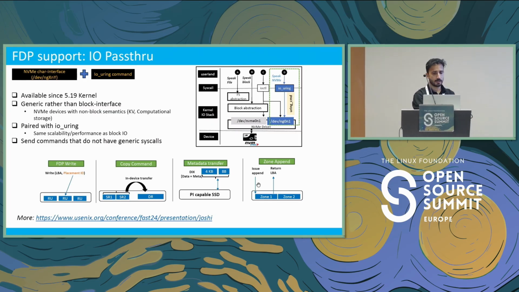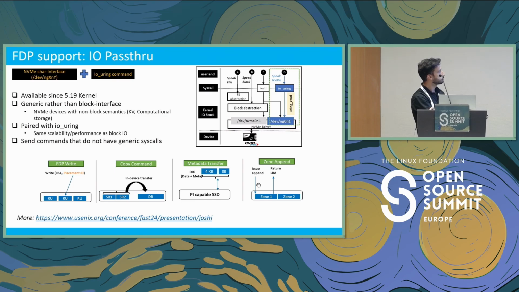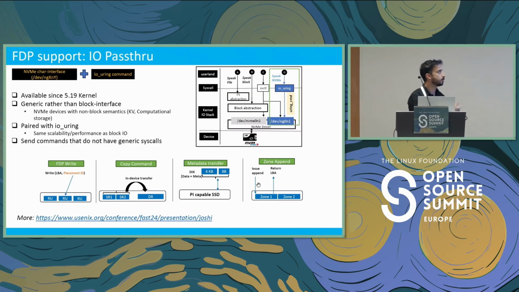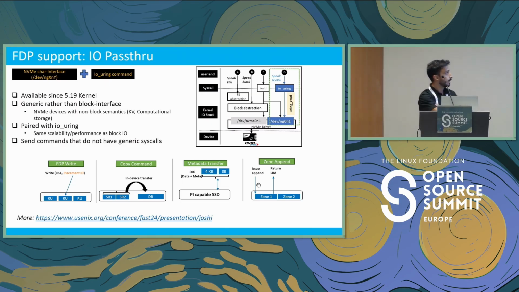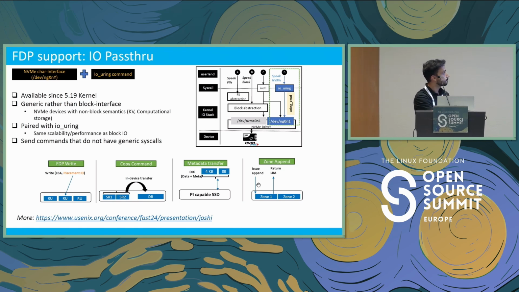But beyond that, we are having this problem that if we introduce a generic syscall for something, it needs to be maintained permanently, and it has to have widespread appeal, which may or may not be there in the beginning at least.